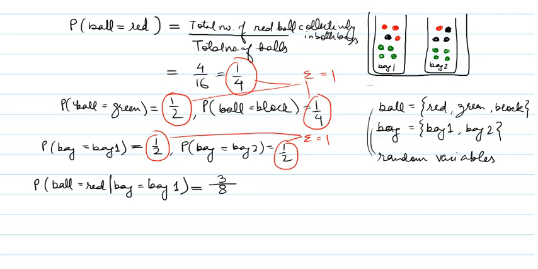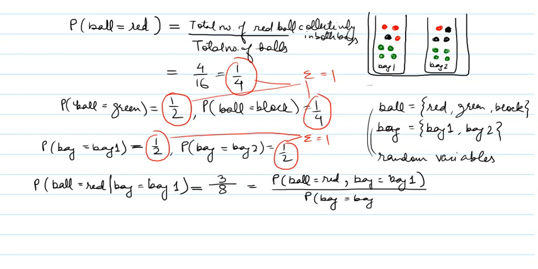So let's take up this same thing, equal to P of the probability of ball is equal to red, comma, bag is equal to bag 1. So this is the joint probability divided by P of bag is equal to bag 1, right?